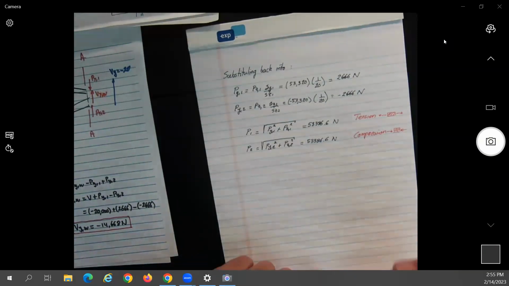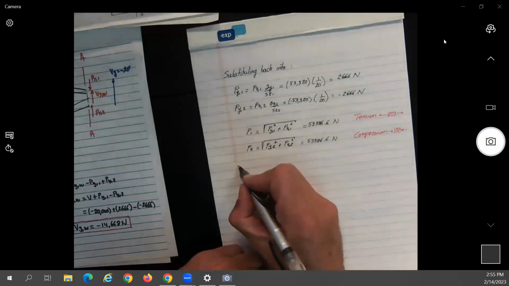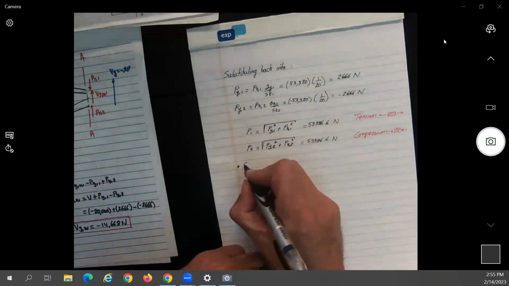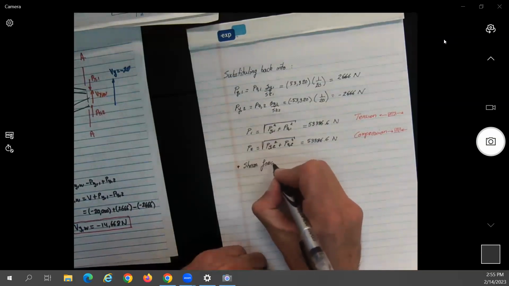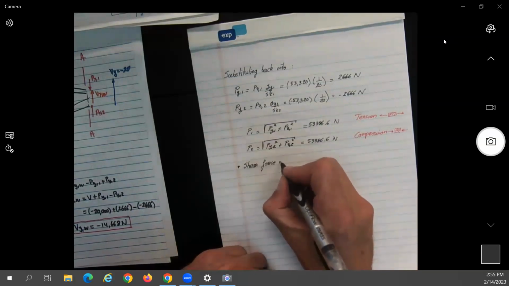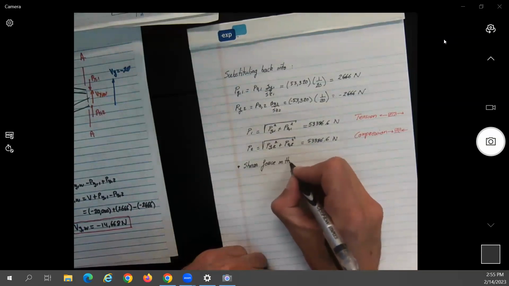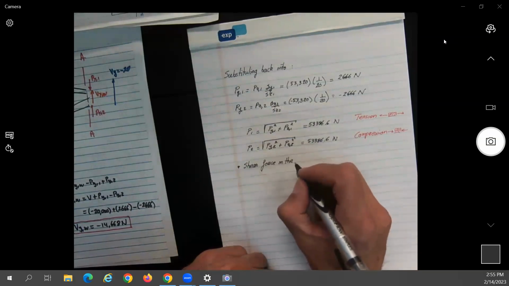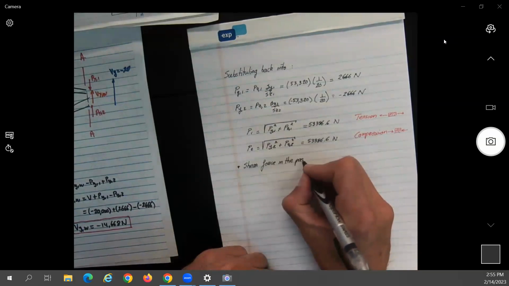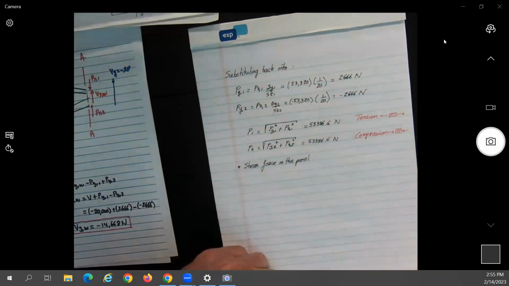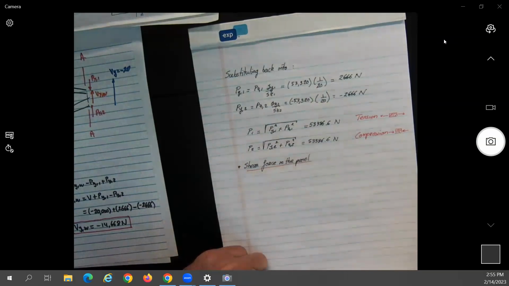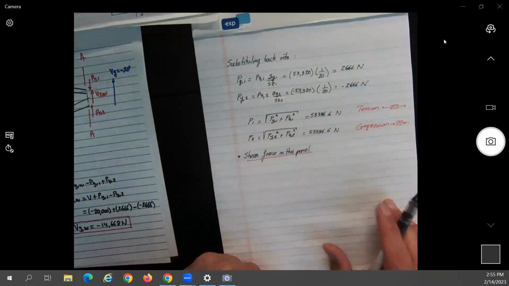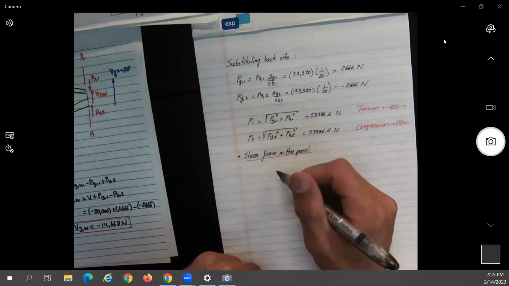Okay, so after doing this, if you go to the notes from last class, we can find what is the shear force in the panel. So that's where, again, we need to do another figure.